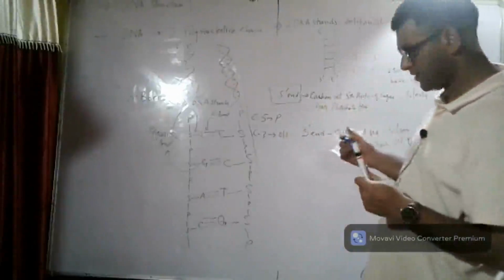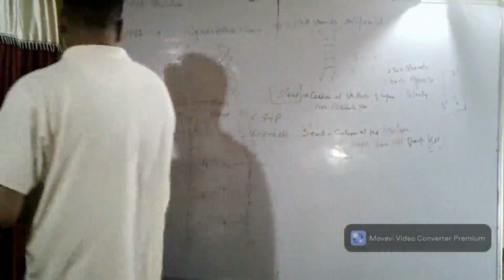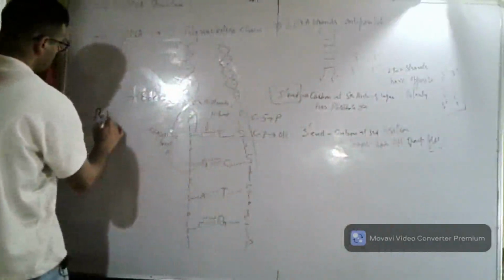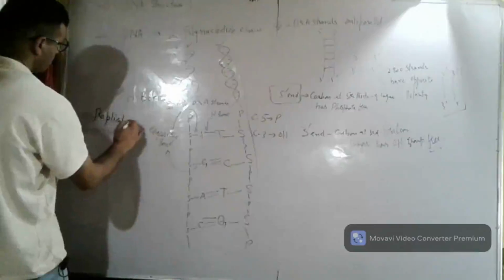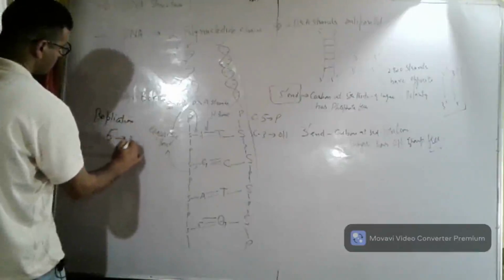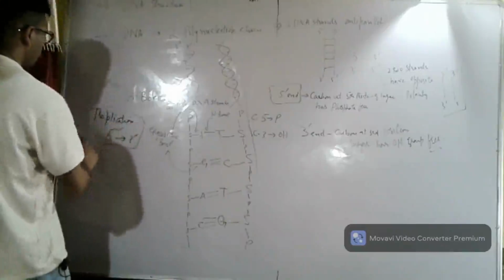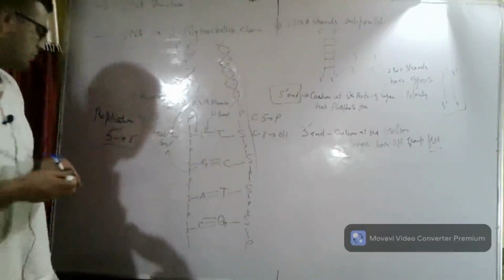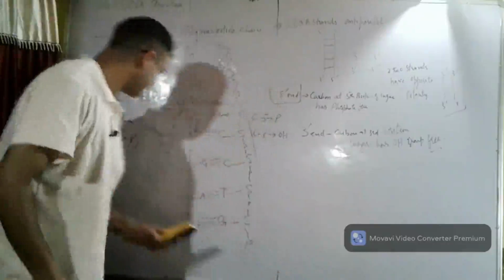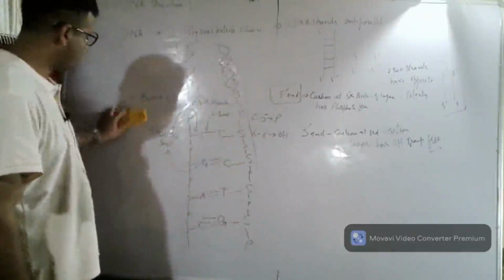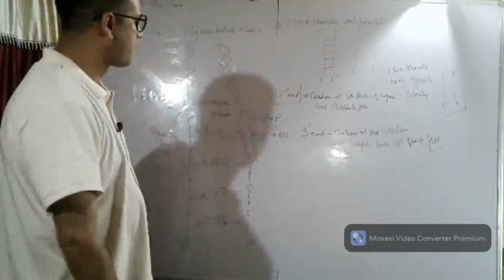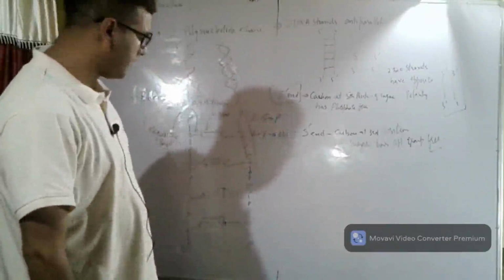So remember that replication always takes place in the 5 dash to 3 dash direction. That is why the two strands are antiparallel. This is what we mean by antiparallel.